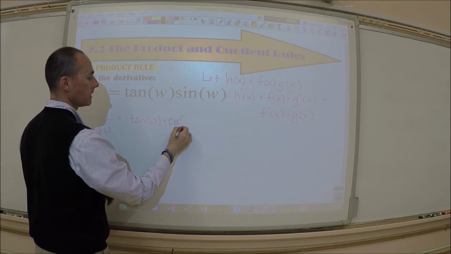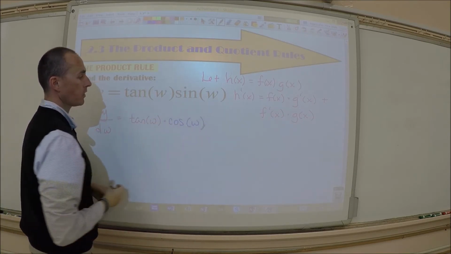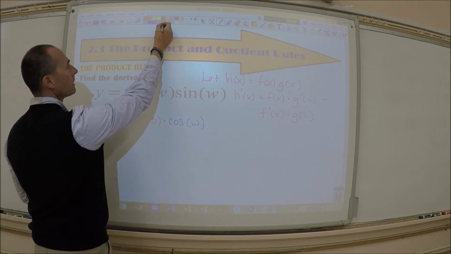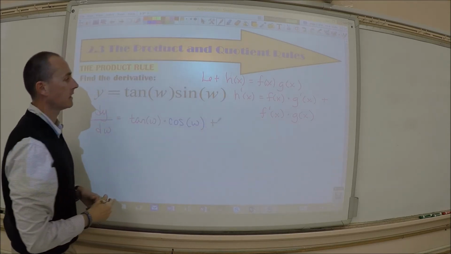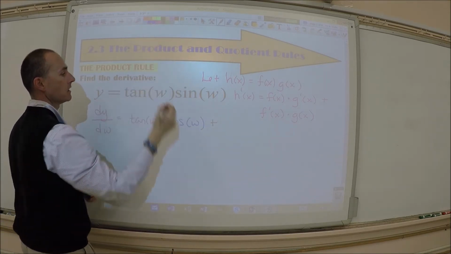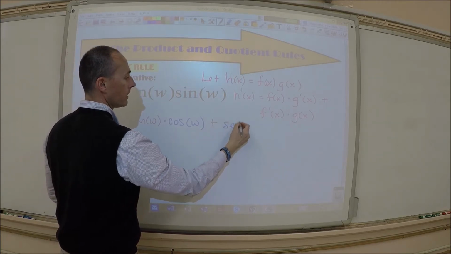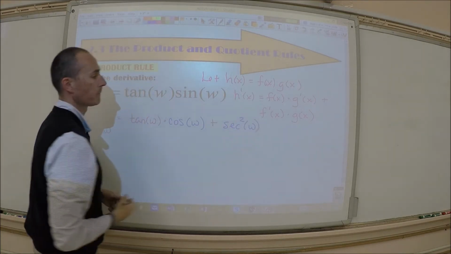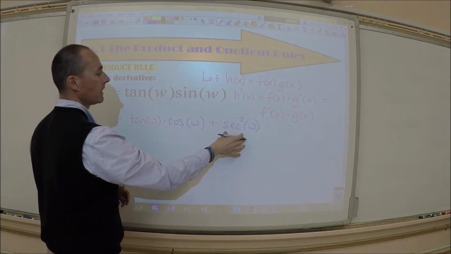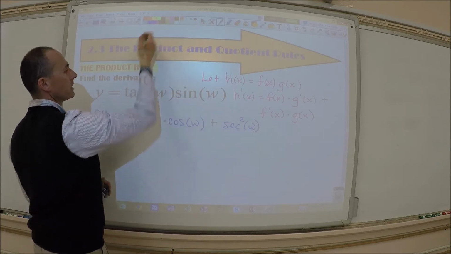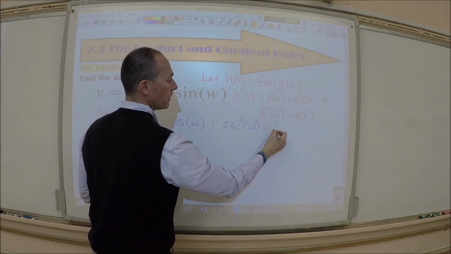So that would be cosine of w. Then we'd be adding to that the derivative now of tangent, so that would be secant squared. And then we'll be multiplying that times the original function sine of w.